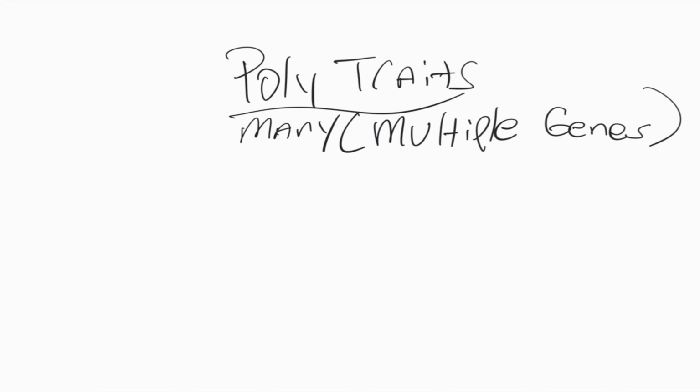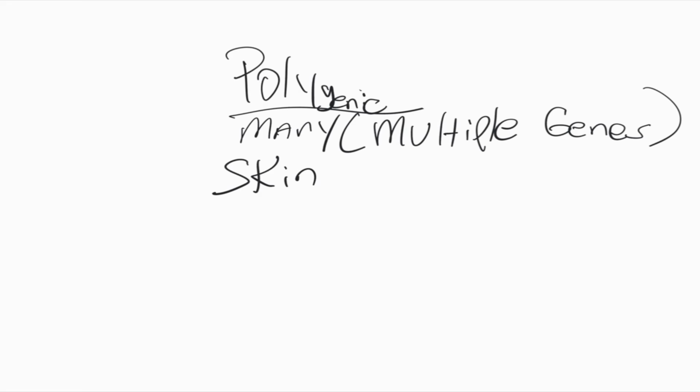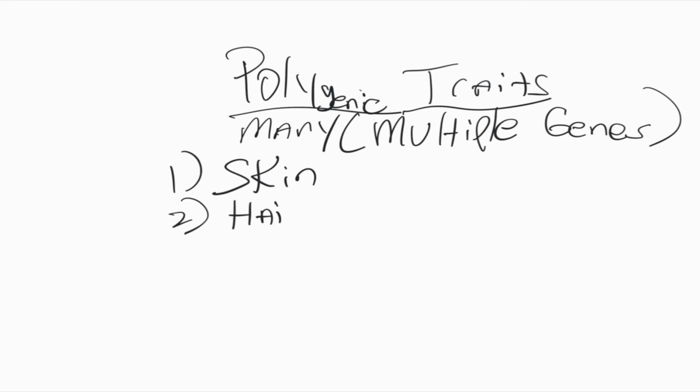Examples are skin. That's going to be a polygenic trait. Let's add the word genic in there. Let's just erase it and permit me to write the word to the side here. Here we go. Polygenic traits. Skin tone. Hair color.